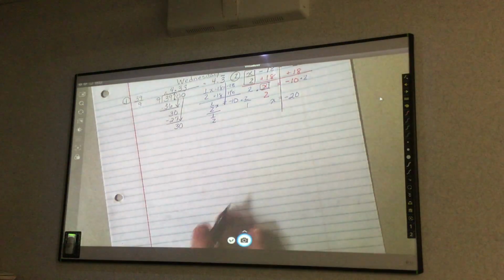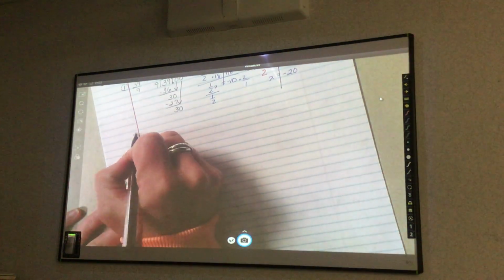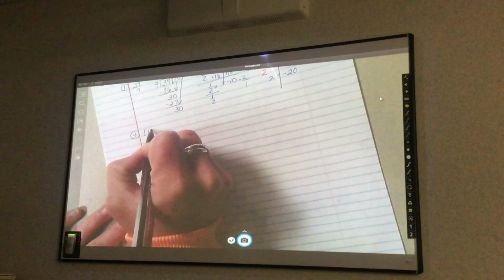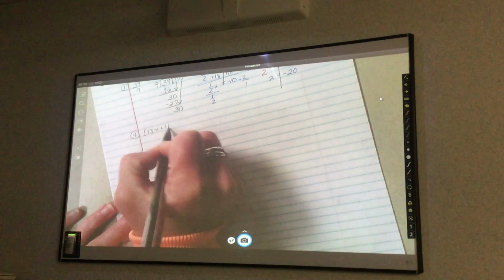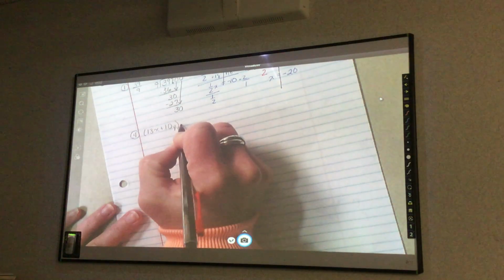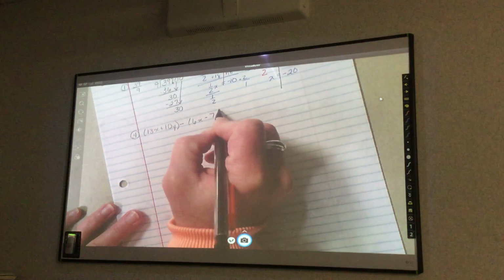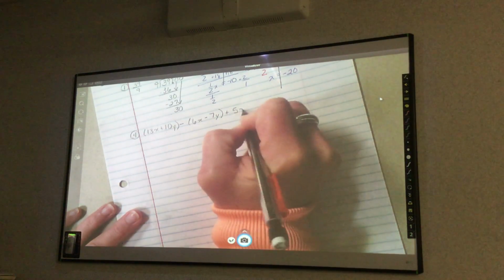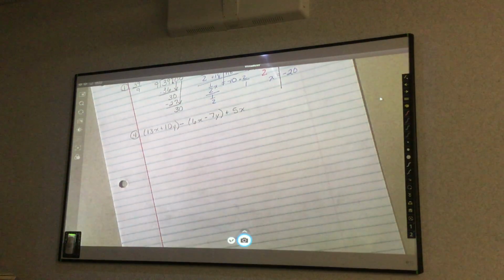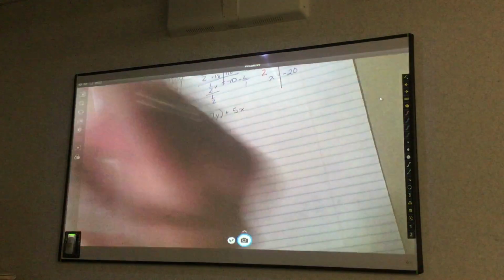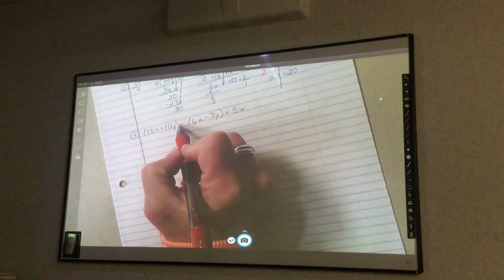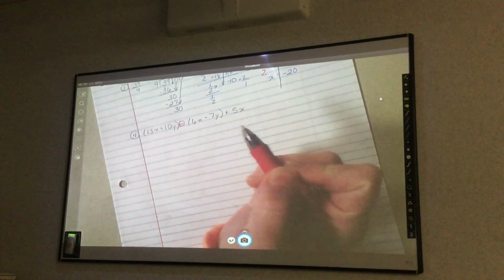Number 4, we just had to simplify. We have the quantity 13x plus 10y minus the quantity 6x minus 7y plus 5x. When I do these problems, I like to distribute this negative first.